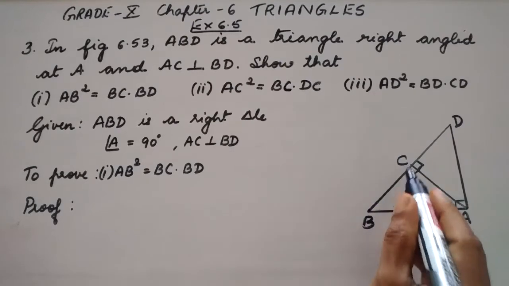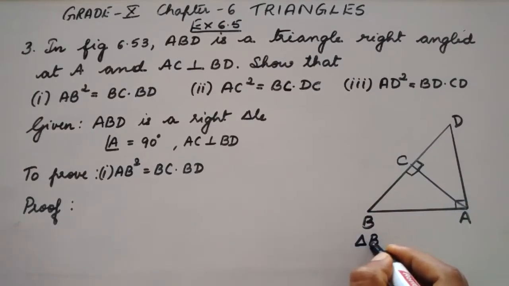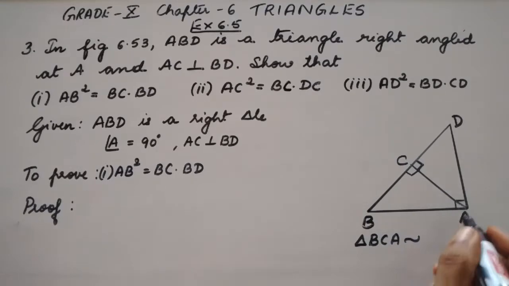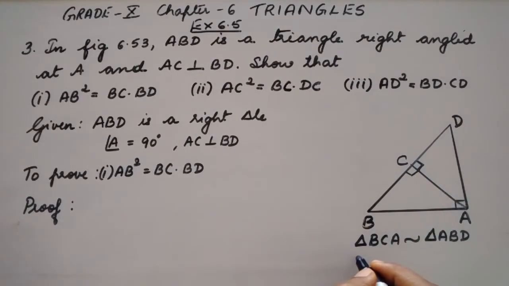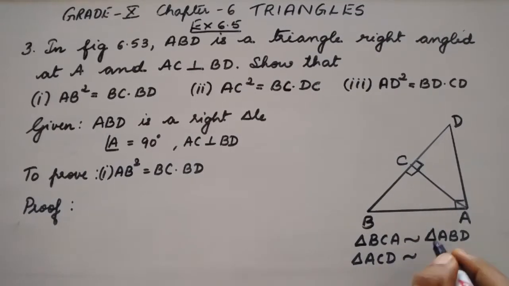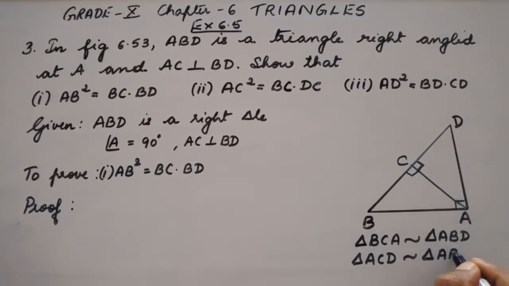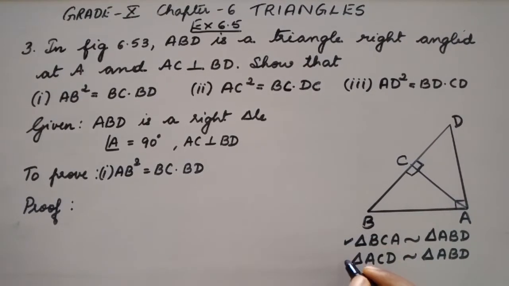That is, triangle BCA will be similar to the whole triangle ABD, as well as triangle ACD will be similar to the whole triangle ABD. Similarly, triangle BCA will be similar to triangle ACD.